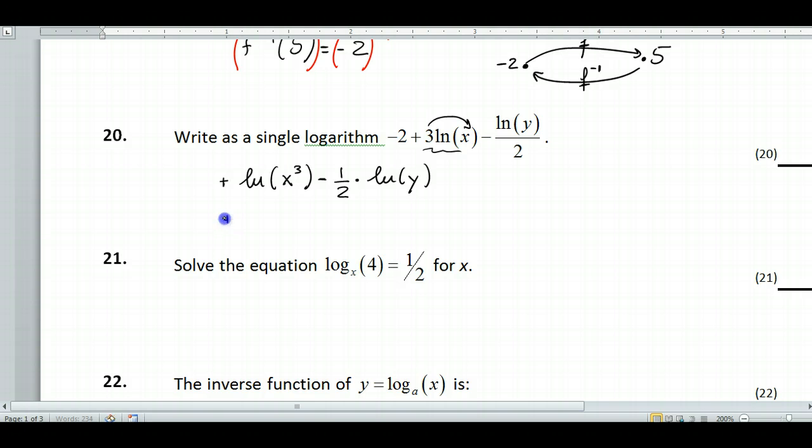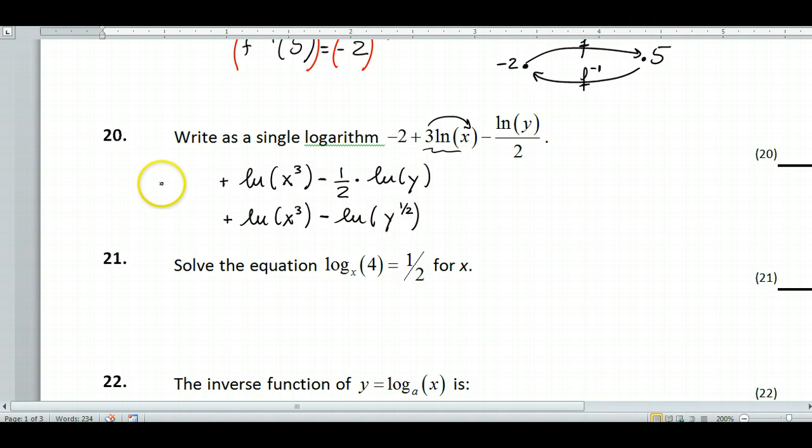So right here, I still need to take care of my negative 2. We have ln of x cubed, and then we have minus ln of y to the 1/2. So y to the 1/2, I probably will use radical notation, okay? And then we have a minus, so we'll see that. Now, negative 2, what do we do here?